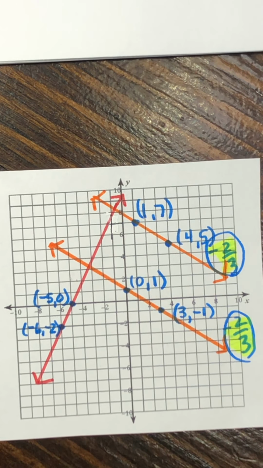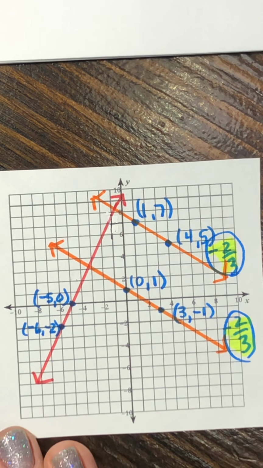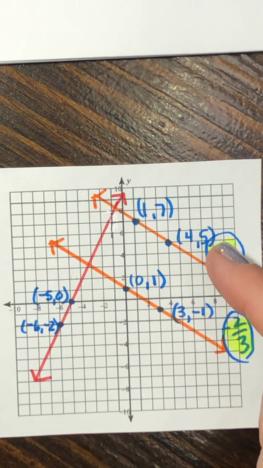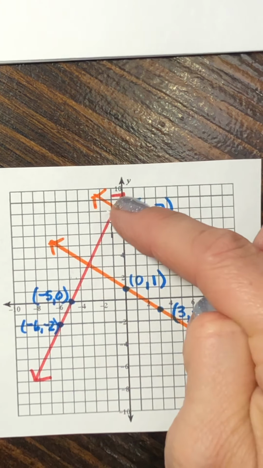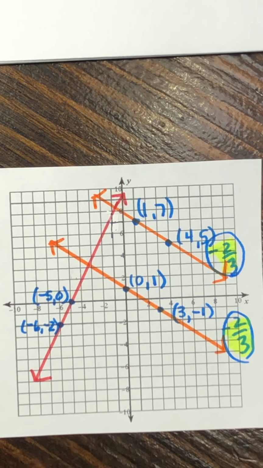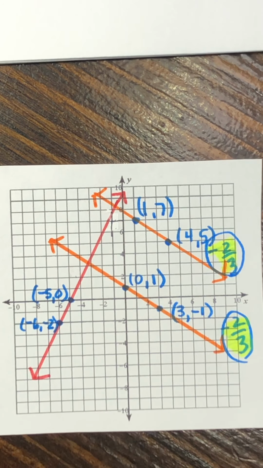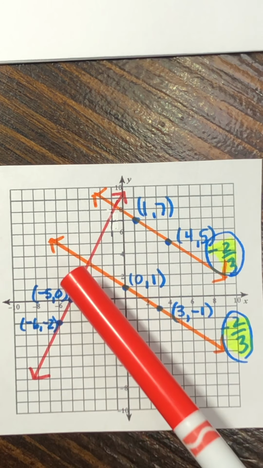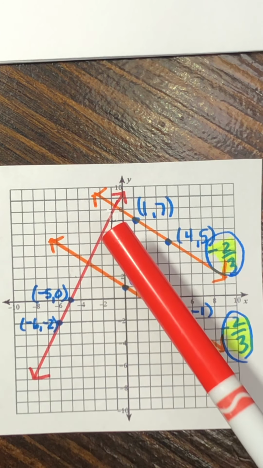And the definition of parallel lines is 2 lines that will never intersect on a coordinate plane. So if I kept going down 2 and over 3, these lines would never, ever meet the way that they are meeting this red line. And if you remember, this was line B, and the slope of line B was 2. And you can see that here because we would go up 2 over 1, up 2 over 1.